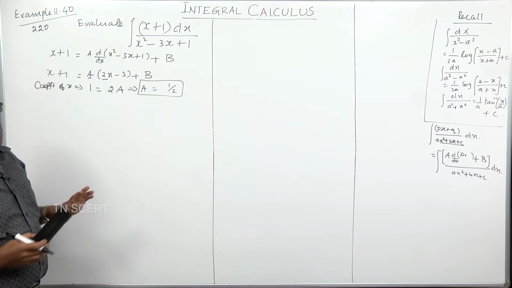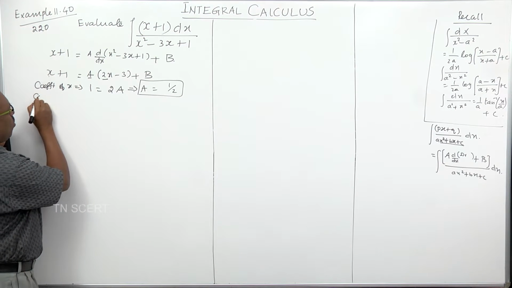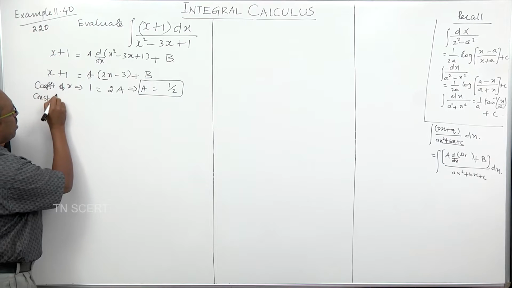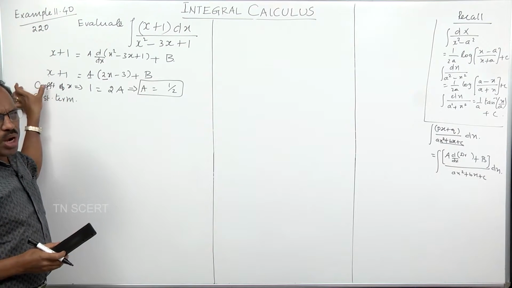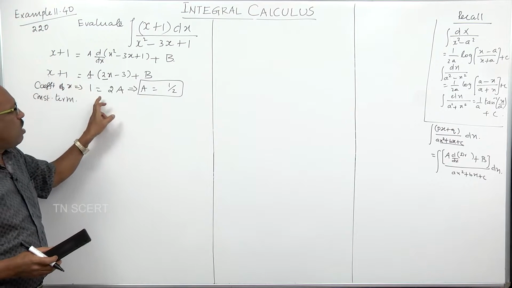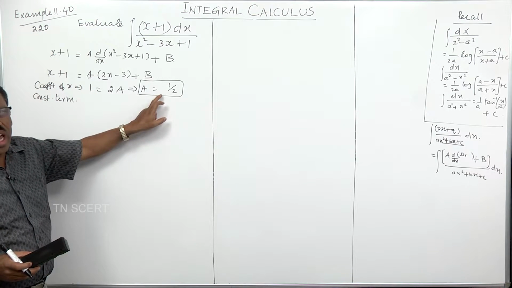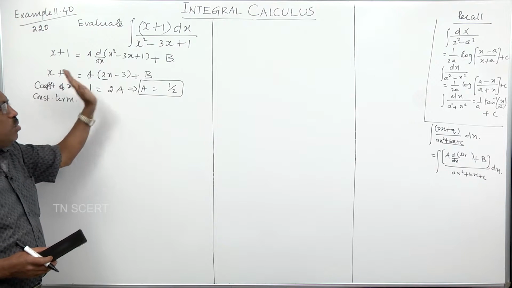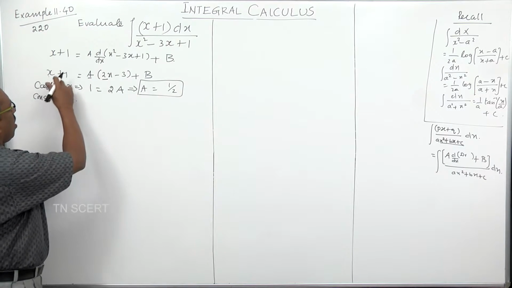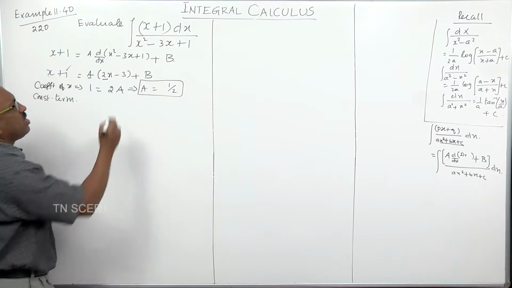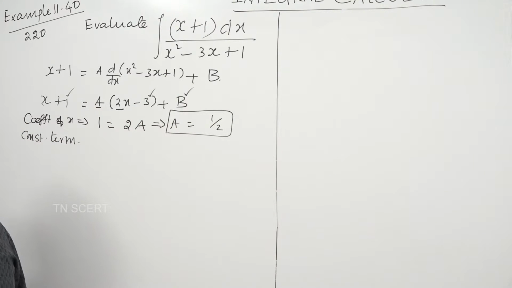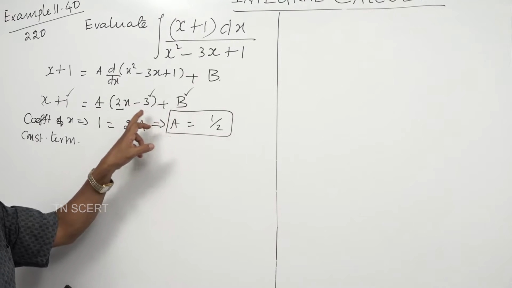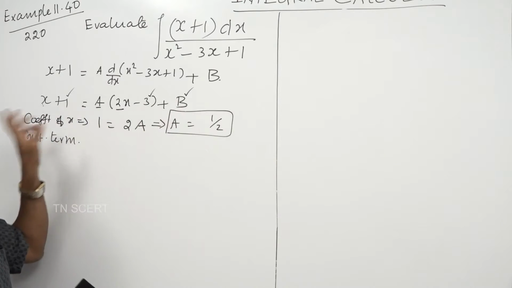After calculating this, take the constant term. Equating the constant terms on both sides, the ones without x: −3A + B = 1.